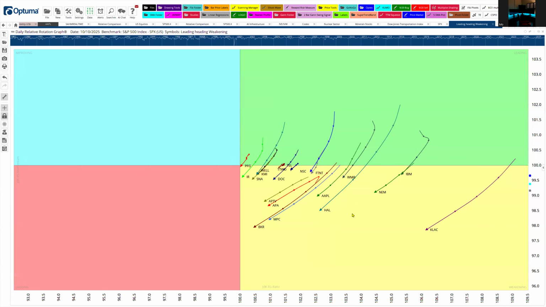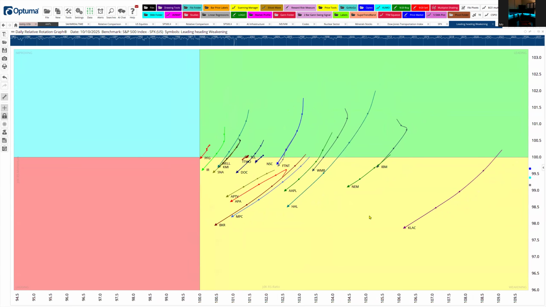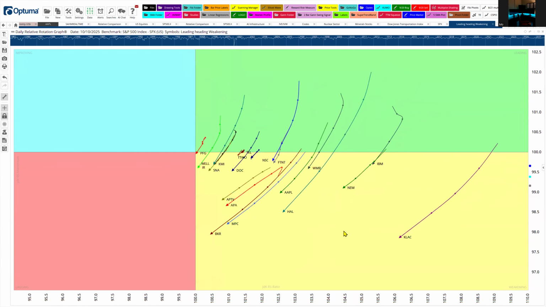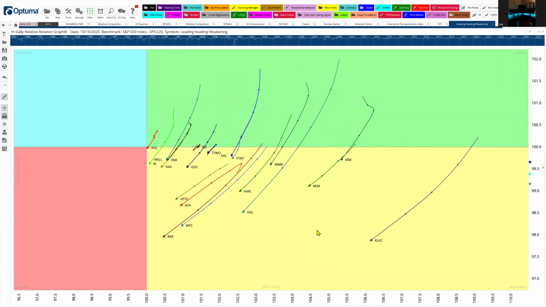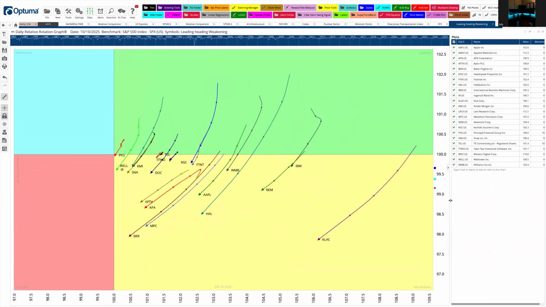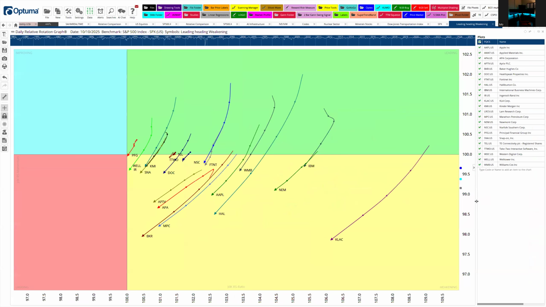That's where we buy. And a lot of these are going to have a sell signal on them. So these are all the names you're looking at, losing momentum day by day. So we have Apple.